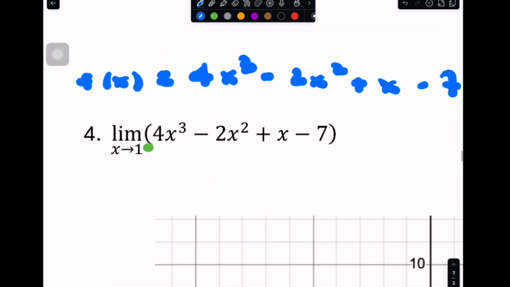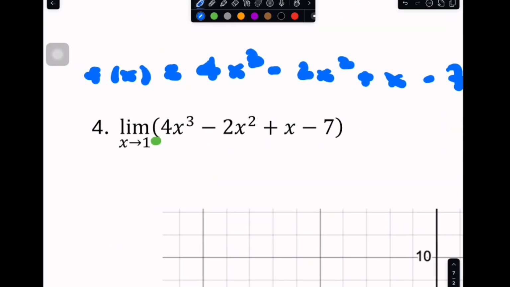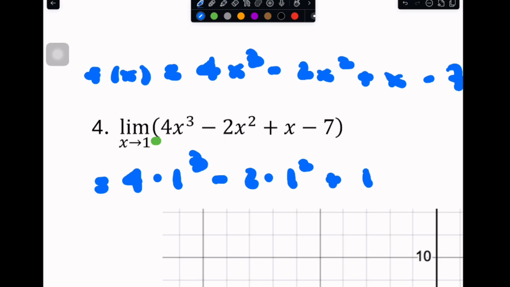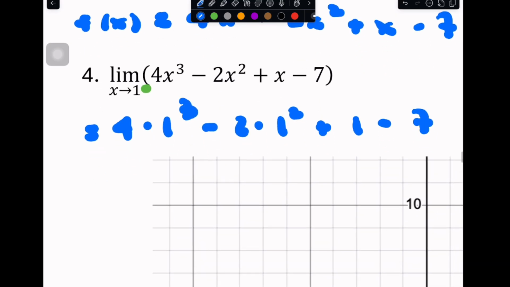Well, what are you free to use to evaluate the limit? 4 times 1 cubed minus 2 times 1 squared plus 1 minus 7. You have to use order of operations. Please excuse my dear Aunt Sally.